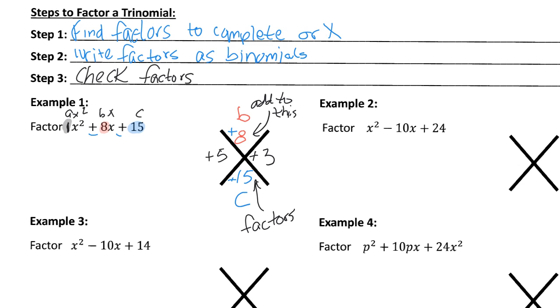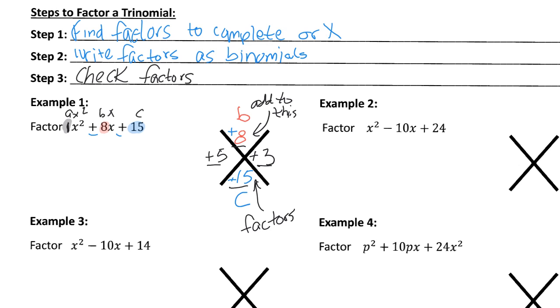Okay, so we want to make sure all of our signs are cohesive. If we do a positive times a positive, that's going to give us a positive, so that works. If we add two positive numbers, that gives us a positive. So all of our signs are good. So we've completed our x. We completed this sum puzzle.